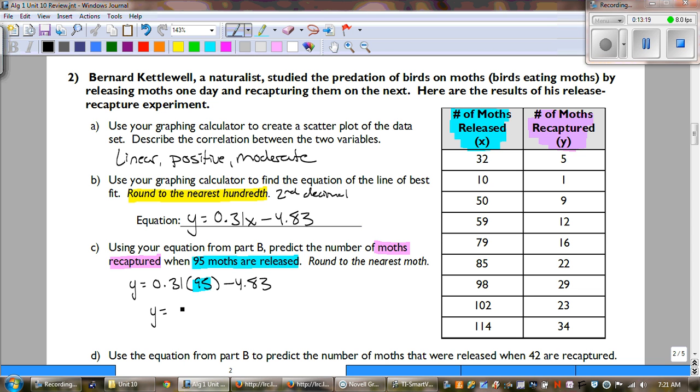What'd you get? Well, let's take a look. It told us to round to the nearest moth. So you should have gotten 24.62. You can't have 0.62 of a moth. Okay, so anytime we're talking about a living being, if we have point something, we have to round up. So this is saying that they should have recaptured 25 moths.